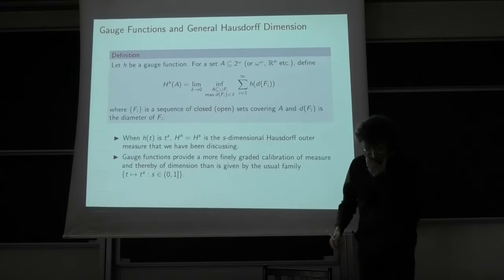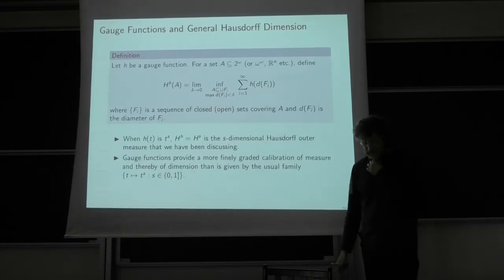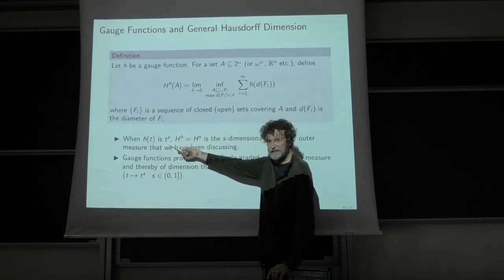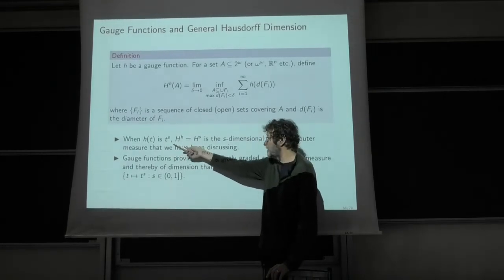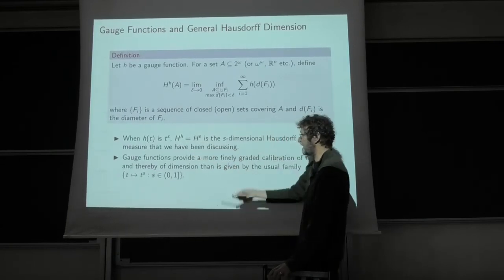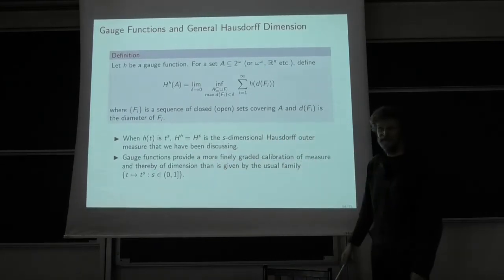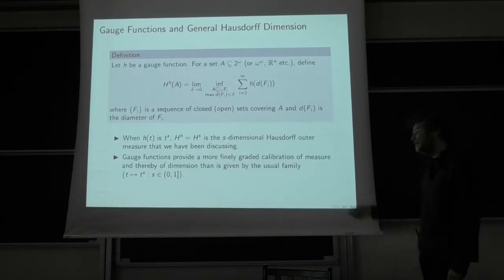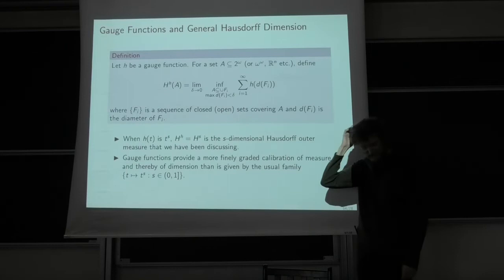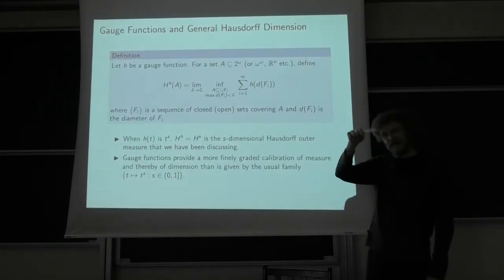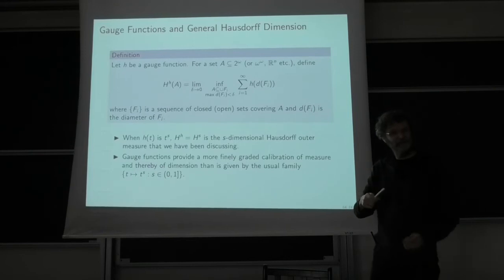So that's gauge measures. And when the gauge function h of t is just the exponential function, this measure we've defined is exactly the s-dimensional outer measure that we've been talking about the past couple times. And gauge functions come up, for example, in analyzing what's the dimension of the path of a Brownian motion, right?